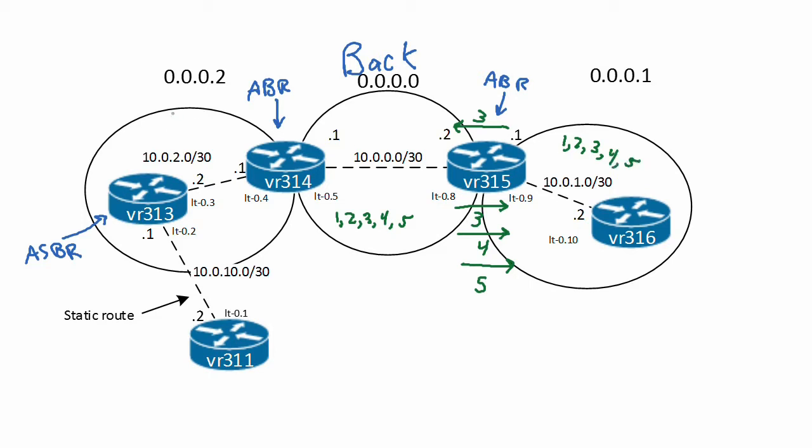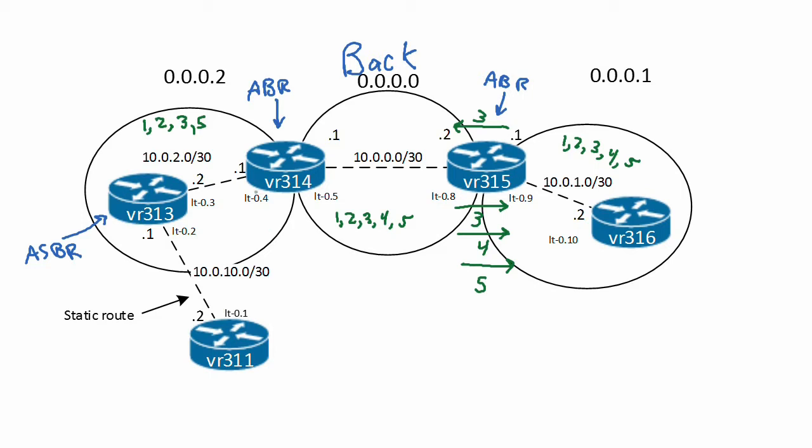And inside this network, before we do anything, we'll see 1, 2, 3. I don't think we'll see any 4s because even though this is an ASBR, it's inside this area, so it knows how to reach what's happening inside this area. But I do believe we're going to see a 5, which is this ASBR's external routes.